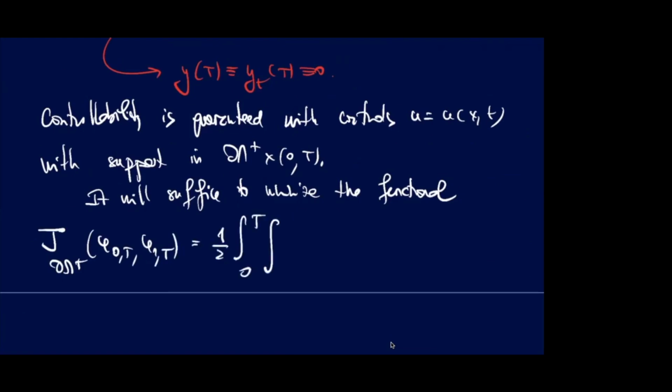And the only difference with respect to the other functional will be that now the integral will just be on this piece of the boundary. So that's the only difference.